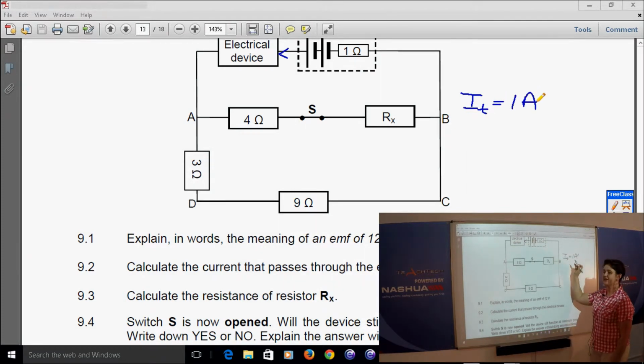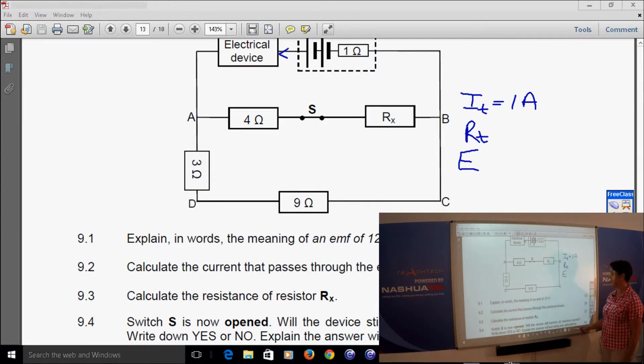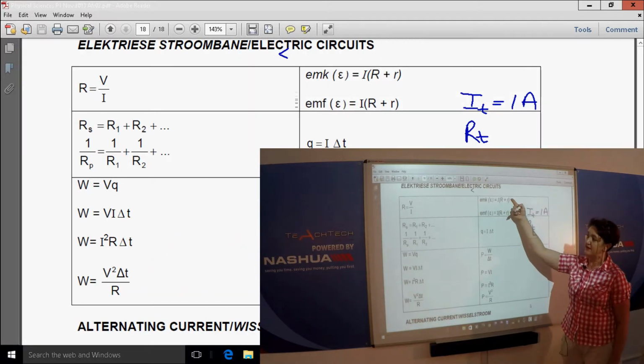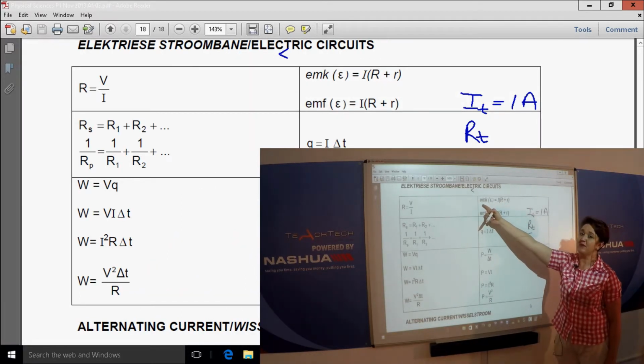And as soon as we have the total current, we can get our total resistance, which will now include the internal resistance. And we have the EMF. So our formula that we will be working with, let's refer back to this one, will be the formula with the EMF in.